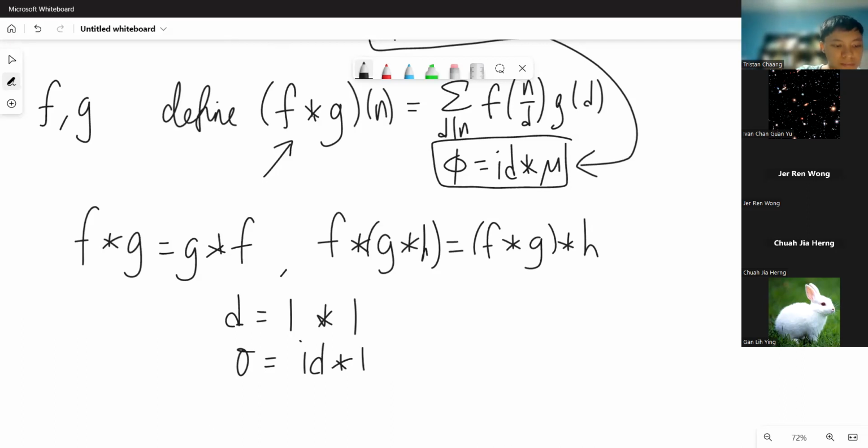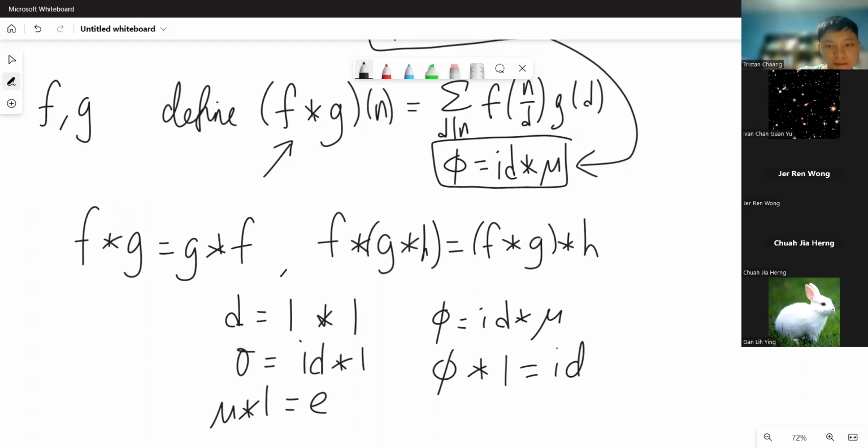So just now we've proven that mu star 1 is E, the first theorem that we've proven just now. And then here we've proven that phi equals ID star mu. We can go further. In fact, we can try to take any two nice functions, convolve them, and it probably is something nice. Mu star 1 is ID.